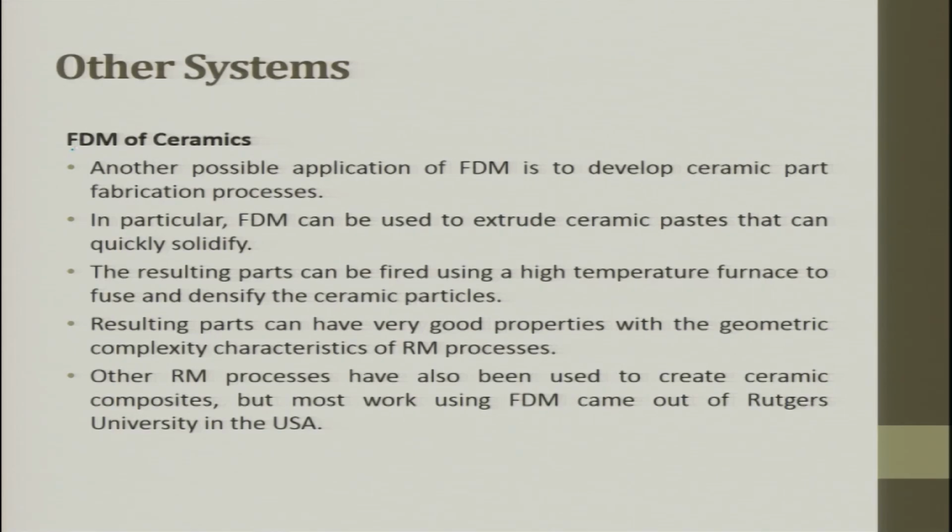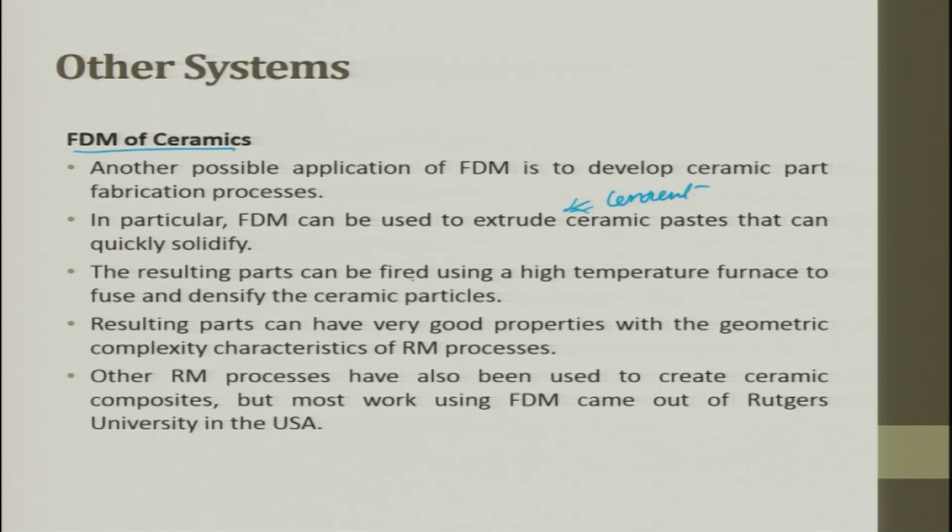So, FDM of ceramics is also being tried today. Another possible application of FDM, or the extrusion process, is to develop ceramic parts. In particular, FDM can be used to extrude ceramic pastes that can be quickly solidified. Ceramic paste is nothing but cement. Cement is a ceramic paste.